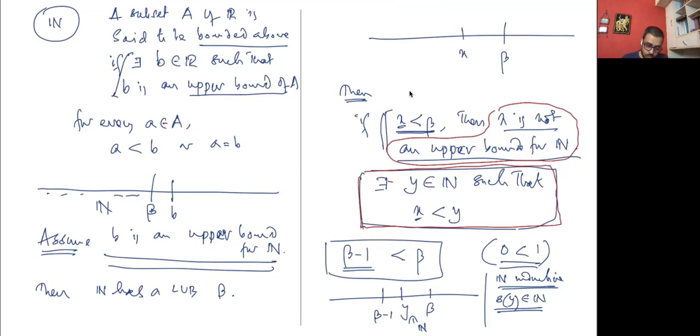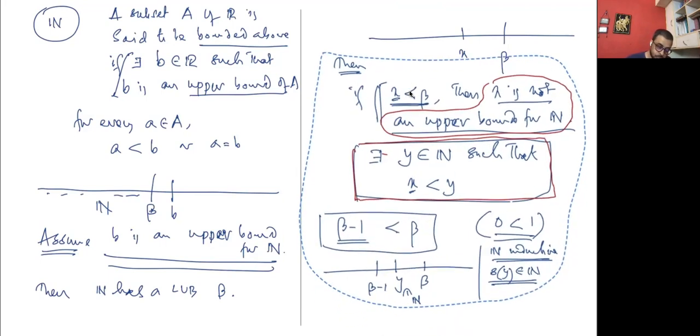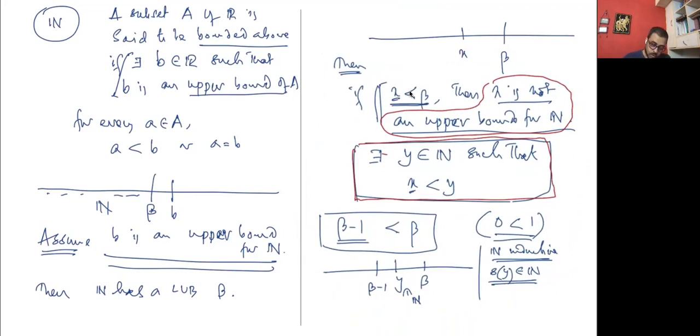But now you compare S of y and beta. So y is bigger than beta minus 1. Let me shift everything up and write it down here. So beta minus 1 is less than y. Then beta is less than y plus 1, which is nothing but S of y.